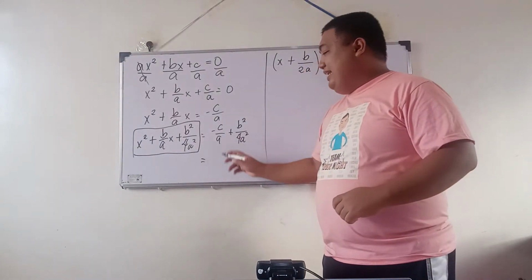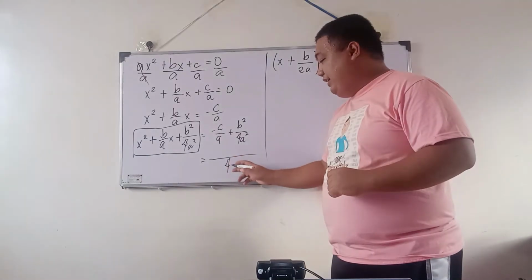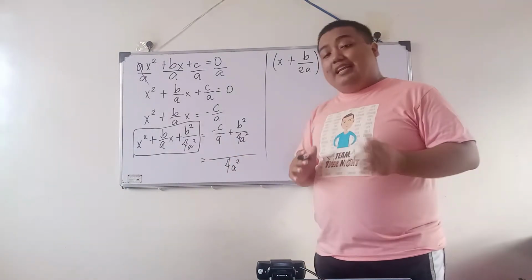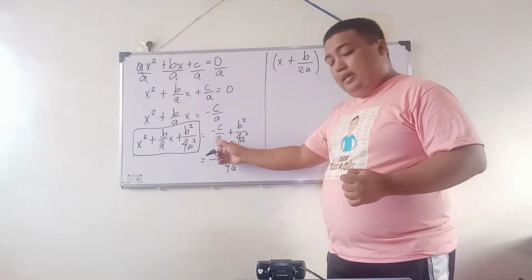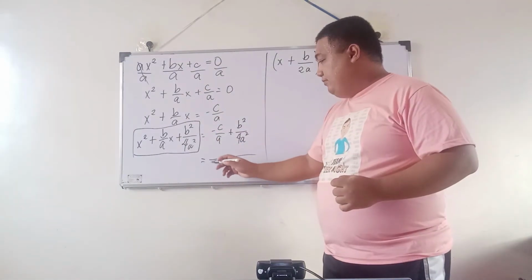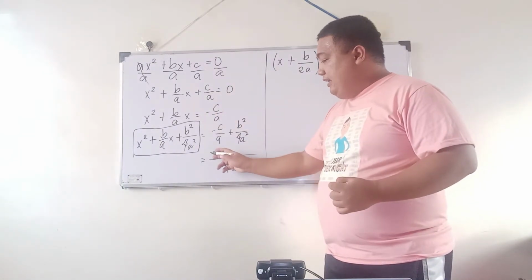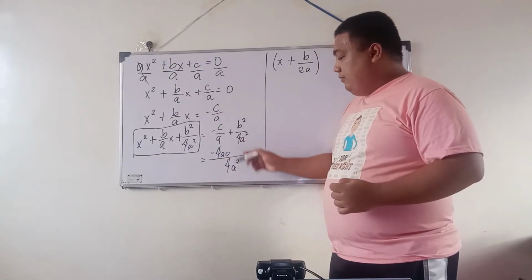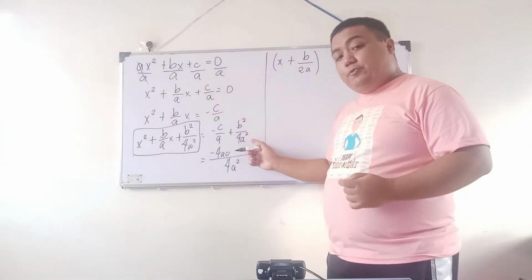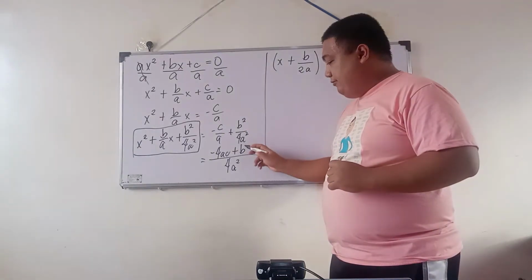So, ang kanilang LCD, ang LCD ni a at 4a squared, that is 4a squared. Then after that, i-divide na natin. 4a squared divided by a, that is 4a. Then after that, multiplied by negative c, that is negative 4ac. Then, 4a squared divided by 4a squared, that is 1, times b squared, that is b squared.